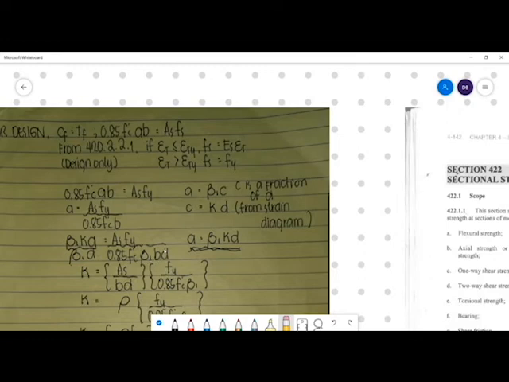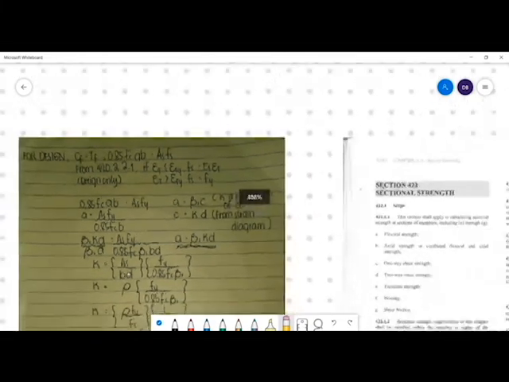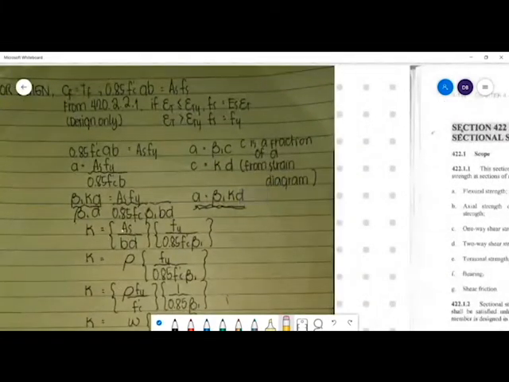So we divide them both by β1 times d. I divide the right side by β1 d, so we can arrange it this way. So, k is equal to As over bd multiplied by Fy over 0.85 f'c β1.